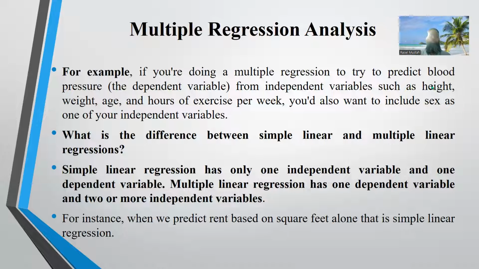Simple linear regression has only one independent variable and one dependent variable, but multiple regression has one dependent variable and two or more independent variables. For instance, when we predict rent based on square feet alone, that is simple linear regression.